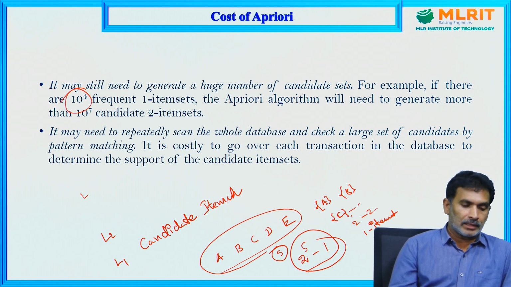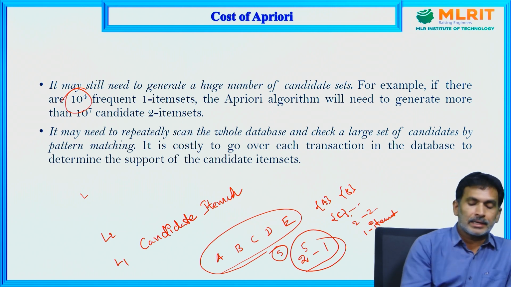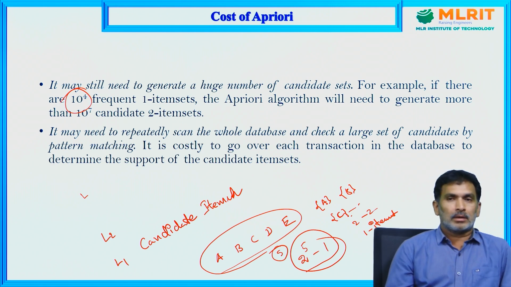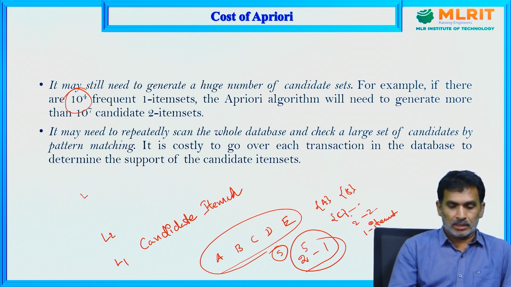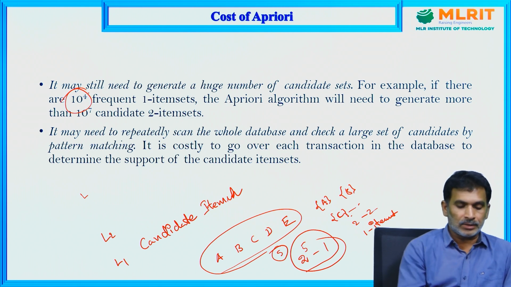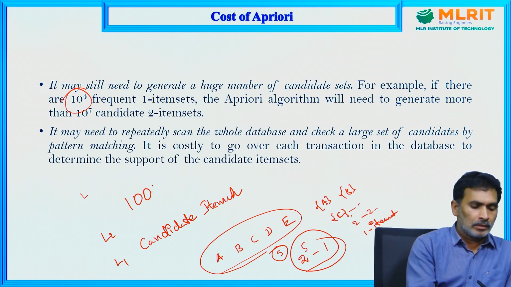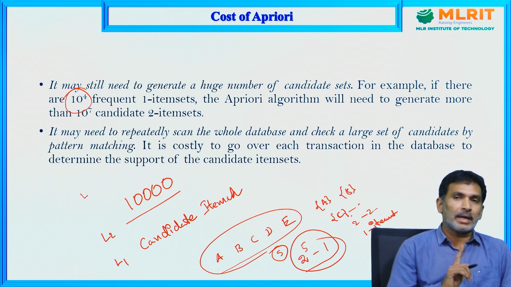In this case, I don't know exactly how many items are there in this transactional database, but there are 10 to the power of 4 frequent, 10 to the power of 4 means 10,000 frequent one item sets.